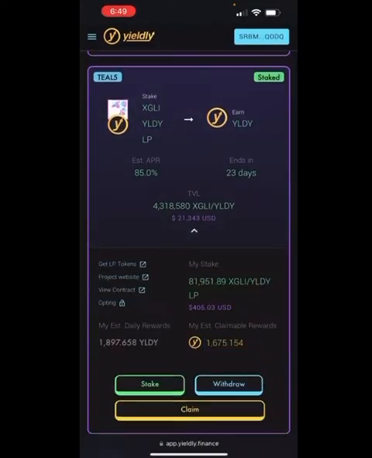This is another one called Glitter Finance. I believe it provided some type of bridge into Solana, so Solana could bridge into Algorand. I believe.